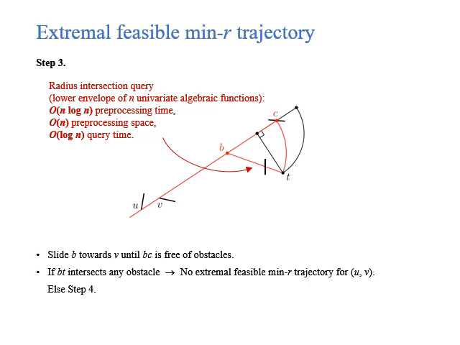After that, we check to see if BT intersects any obstacles by using a radius intersection query. If it does, then there is no feasible mean r trajectory with AB intersecting U and V. Otherwise, we can go to the next step.